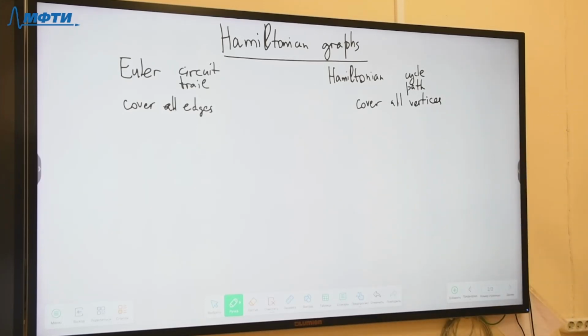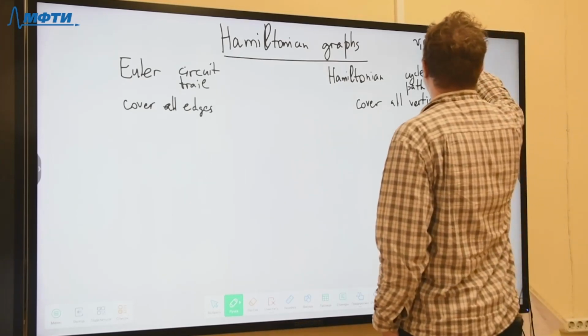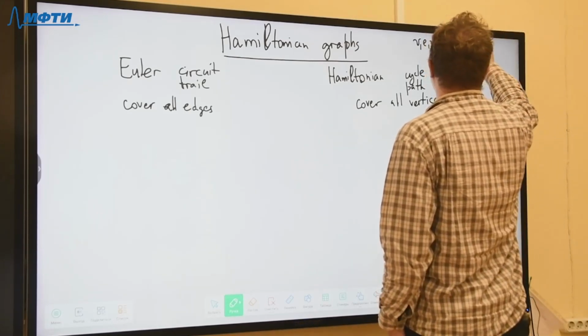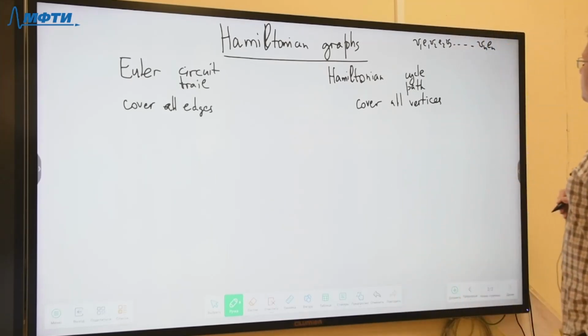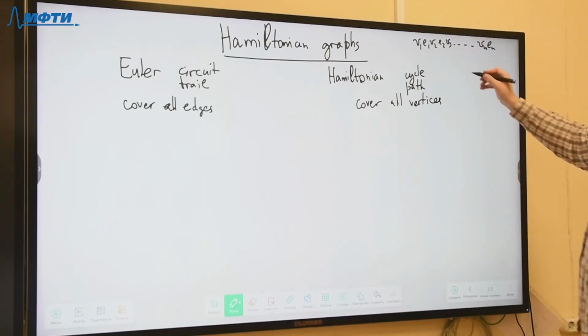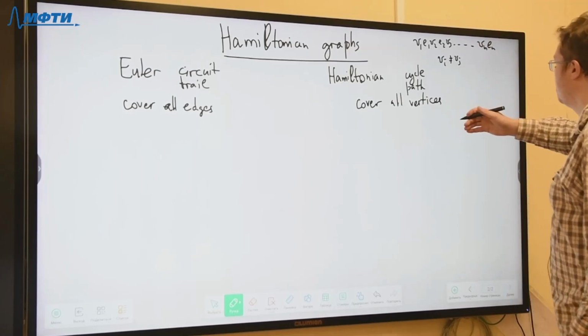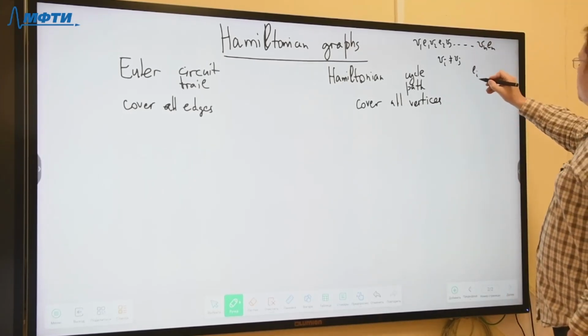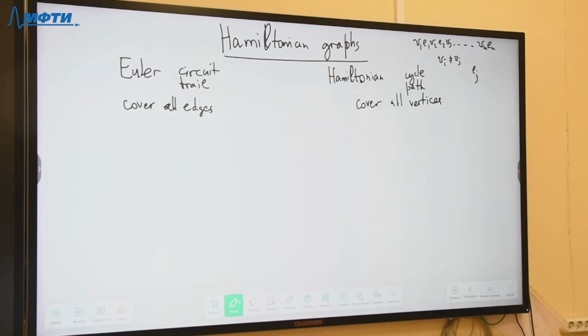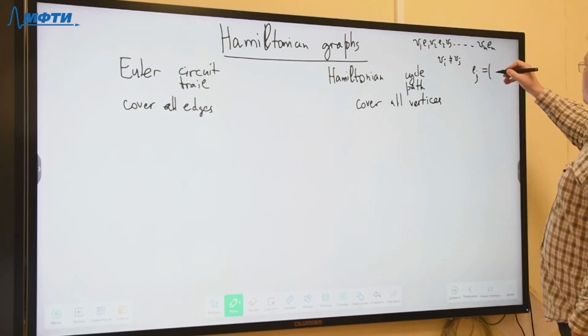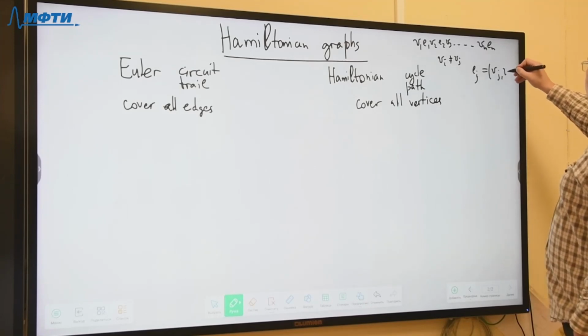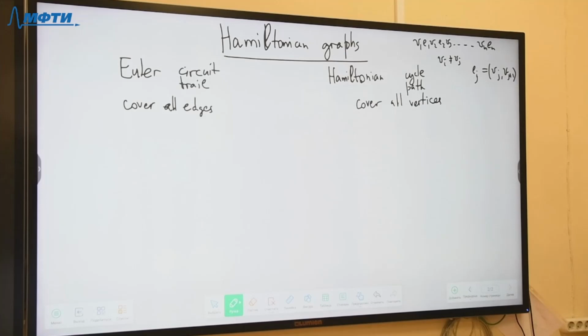So by a cycle, I mean that here we have a sequence of vertices and edges such that all vertices are distinct, and so of course all edges are distinct, and the edge e_j is connecting the pair v_j and v_{j+1}, and the same holds for e_n. So e_n is connecting v_n with v_1, if I want a cycle, and if I talk about a path, then I just forget about this last edge.